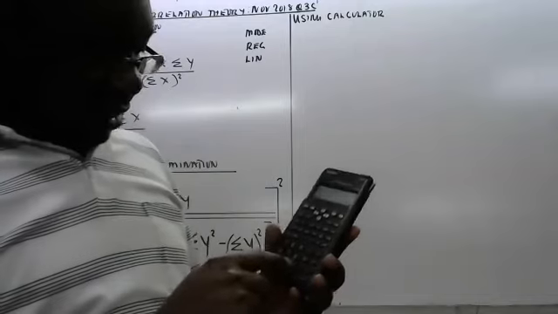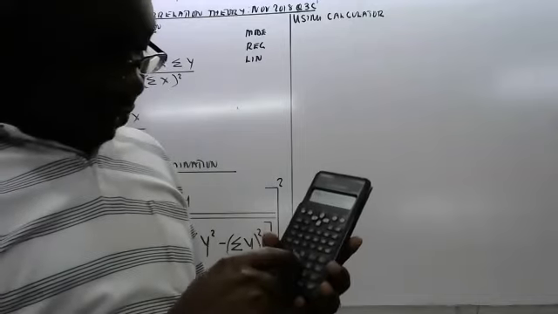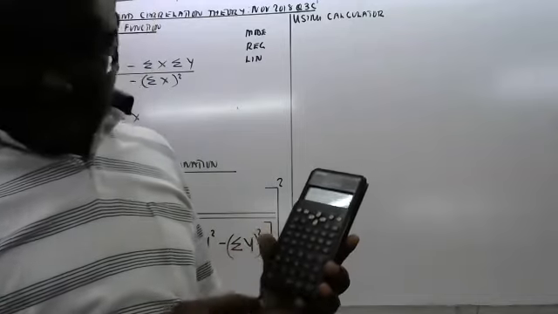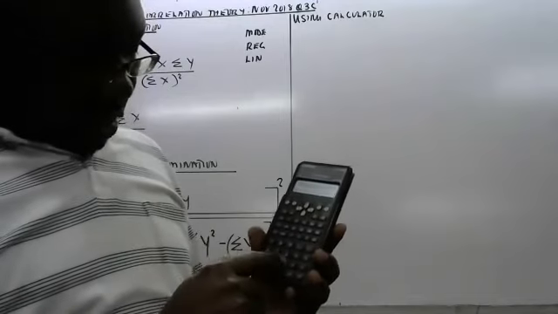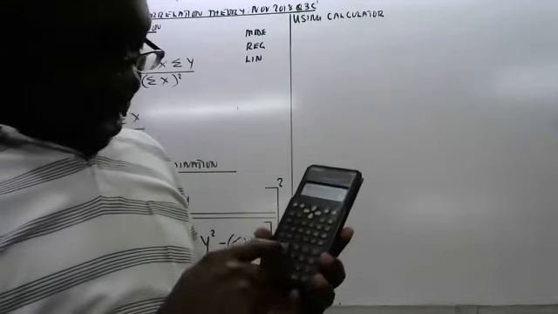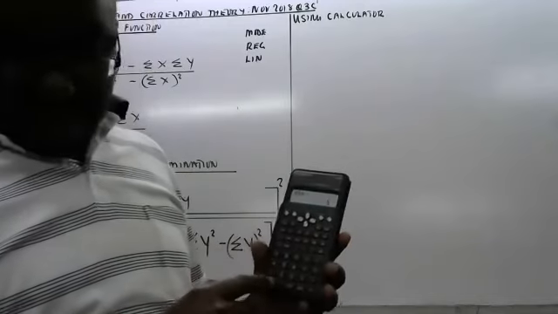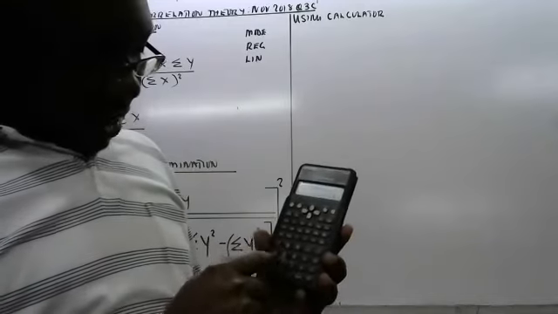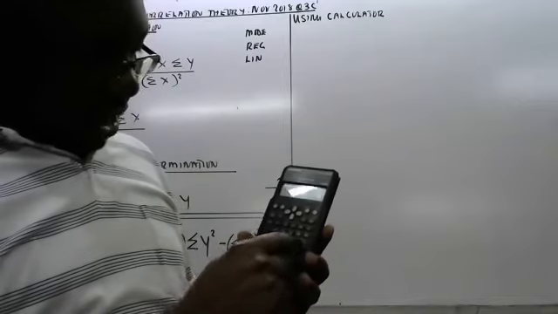Hope I've gotten the right thing. Then 680, 13,250, M plus, and 808, 13,750, M plus.